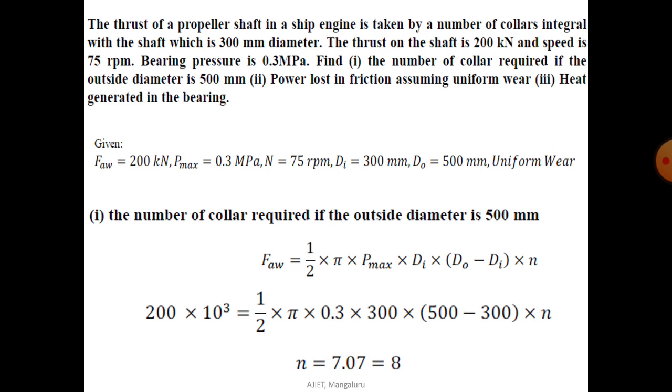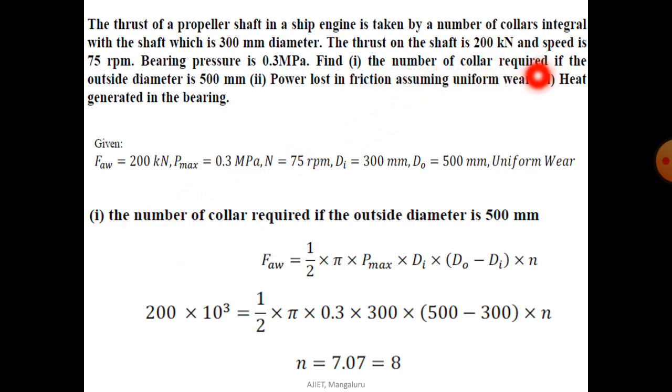For collar bearing we have two diameters: the inside diameter of the collar and the outside diameter of the collar. The inside diameter of the collar is usually the shaft diameter, that is 300 millimeters, denoted by DI. The outside diameter of the collar is given here as 500 millimeter, and we have to assume uniform wear condition.